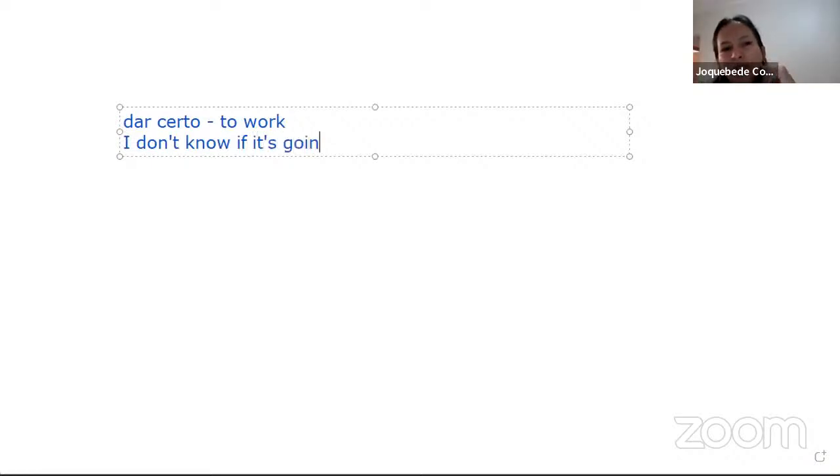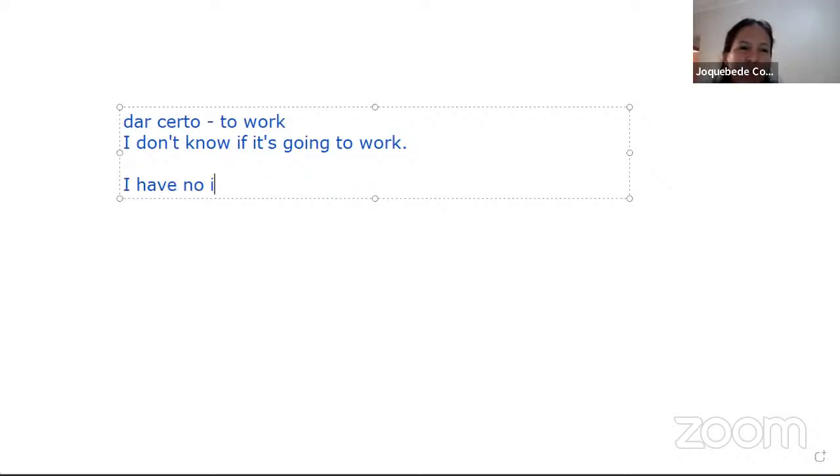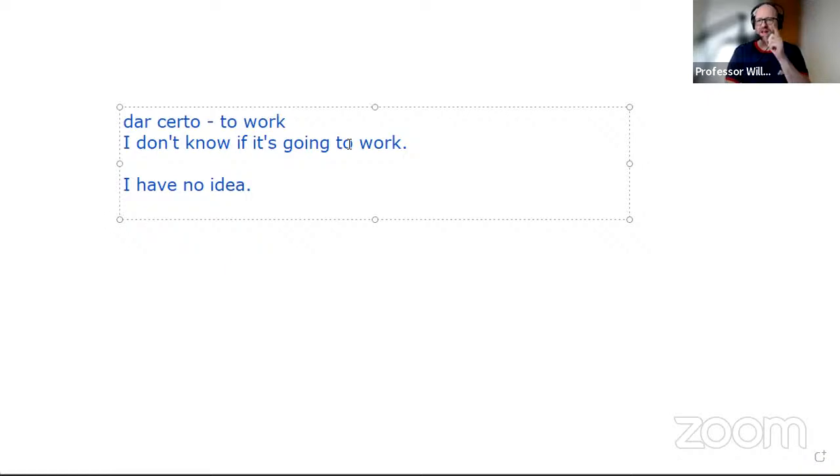It's going to work, right? Se vai funcionar, se vai dar certo. Yes. So perfect. I have no idea. What is the other way we can say I have no idea? Does anybody know? Does anybody remember? So you can use no as the negative, but there's another way that we can say that.